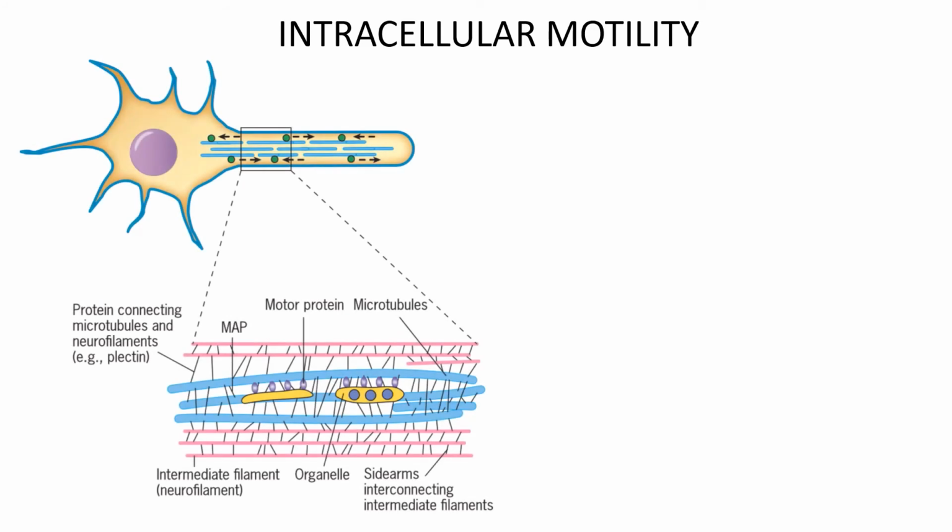Then another major role of microtubules, because they have a negative and positive end, is in intracellular motility. And that's the movement of vesicles and other organelles within the cell. So, as I mentioned before, they serve as railways for the moving vesicles and organelles, which themselves are moved by motor proteins attached to them.